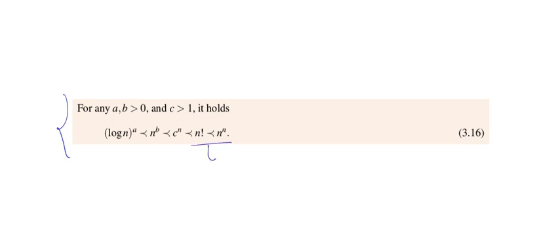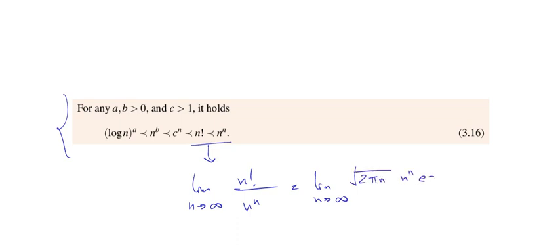Well, actually, this is easy to prove if you use Stirling's formula. So you have n factorial over n to the n, and then if you use Stirling's formula, n factorial is the square root of 2 pi n times n to the n times e to the minus n, divided by n to the n.